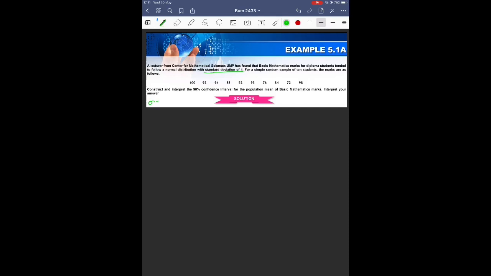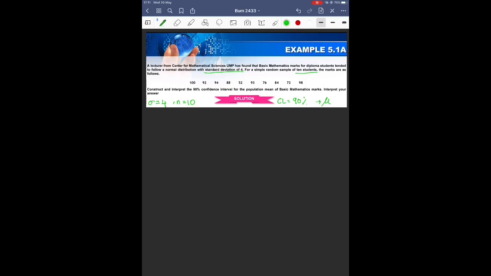So sigma equals 4. For a simple random sample of 10 students, sample size n equals 10, the marks are as follows. The question is, construct and interpret the 90% confidence interval for the population mean of basic mathematics marks. The confidence level is 90% and we need to find the population mean.